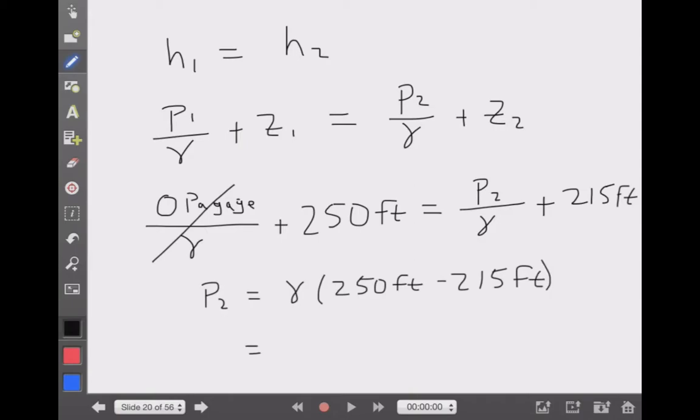Gamma for this fluid in traditional units is, I believe, 62.4. Yes, 62.4 pound force per foot cubed times 35 feet.